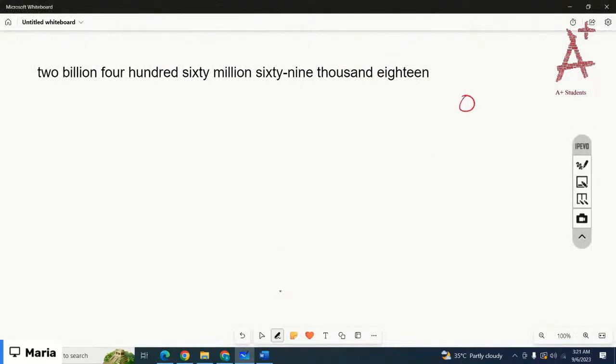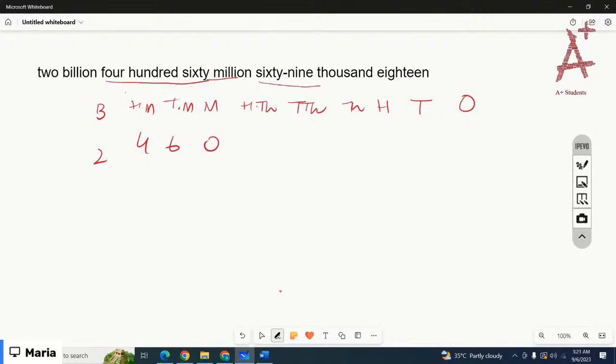Let me make a place chart: ones, tens, hundreds, thousands, ten thousands, hundred thousands, millions, ten millions, hundred millions, then billions. 2 billion, 460 million, 69,000, 18.